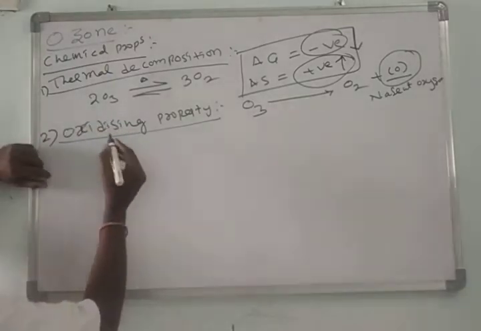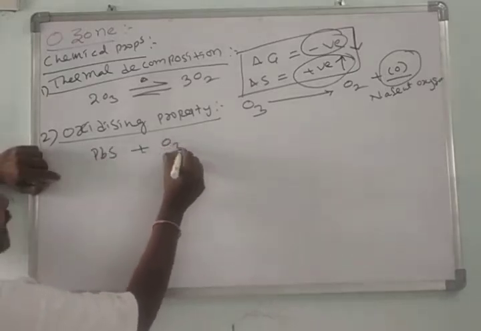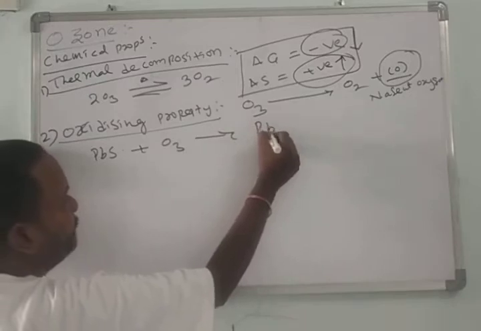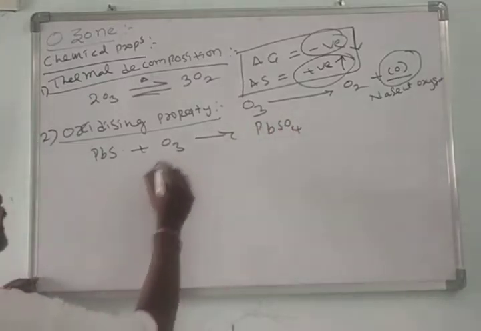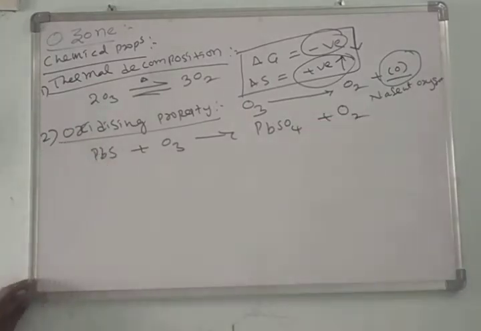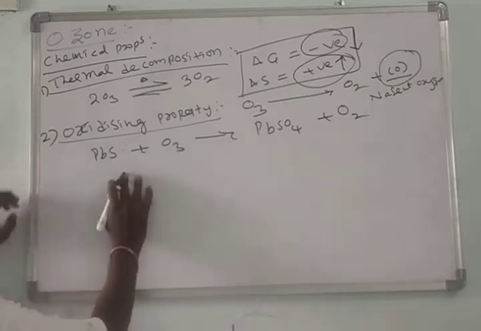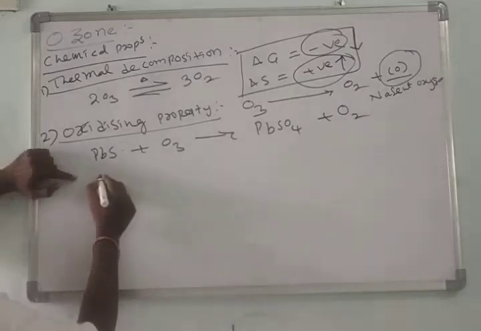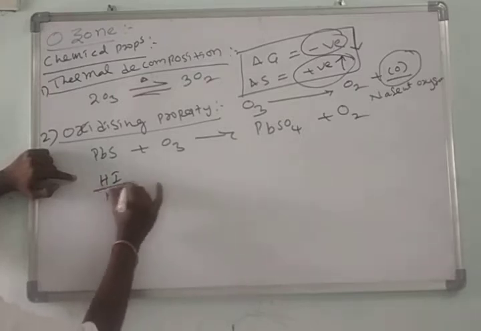It converts lead sulfide into lead sulfate, with the formation of O2. And one more thing: hydroiodic acid or potassium iodide, you take anyone.